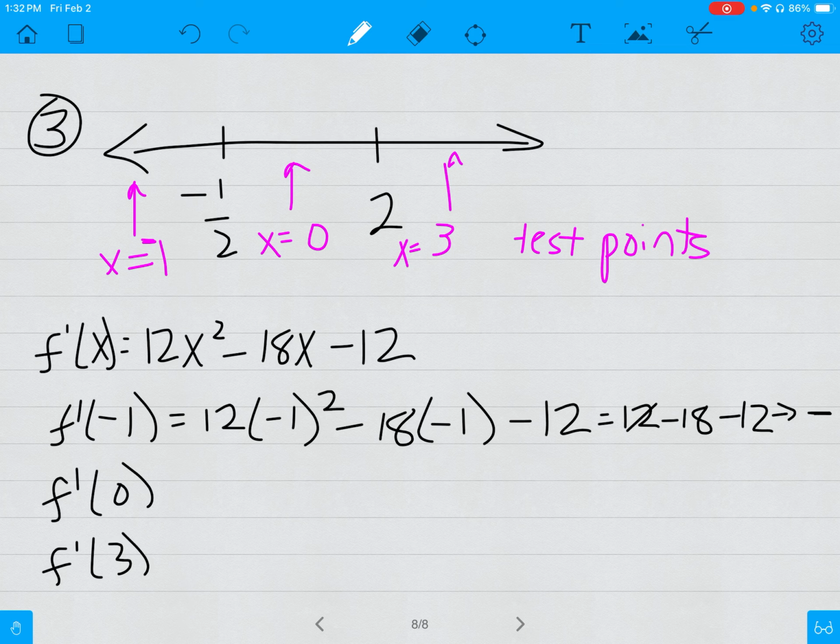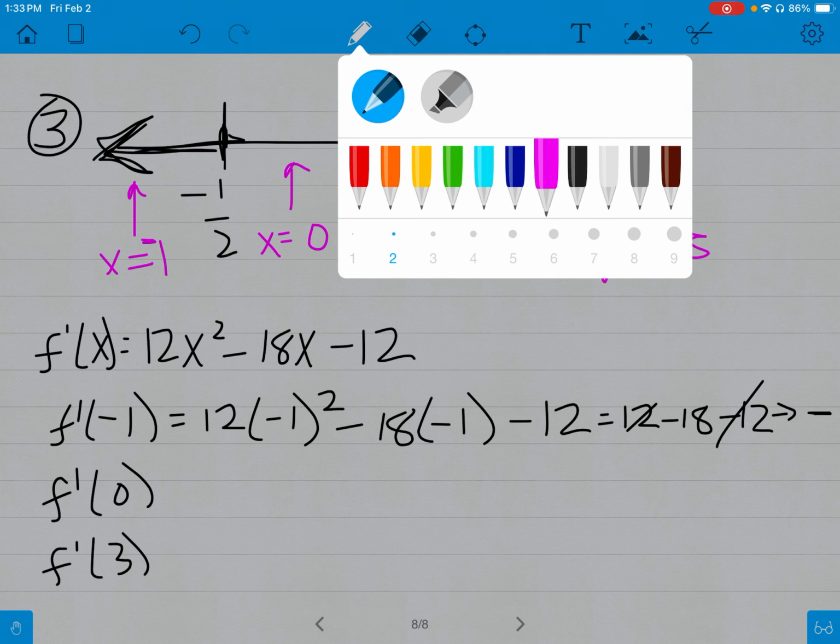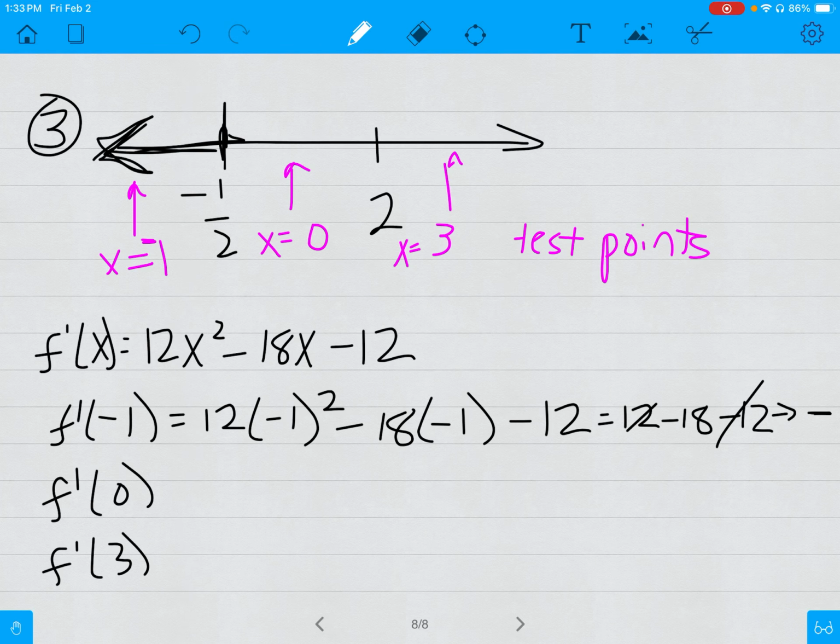Because the 12 minus the 12, those cancel. -18 is the value of the derivative when x is equal to -1. So that test point, when I put it in, gives me a negative sign for my derivative. That means that for this entire interval to the left of -1/2, the sign of the derivative is negative.